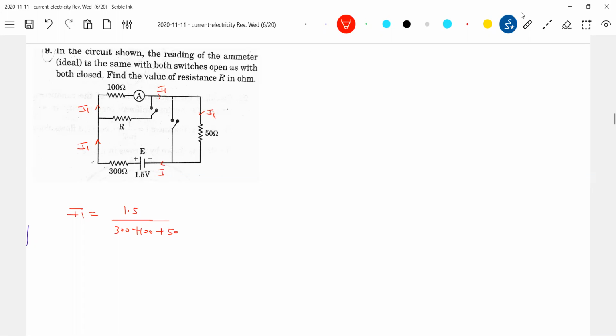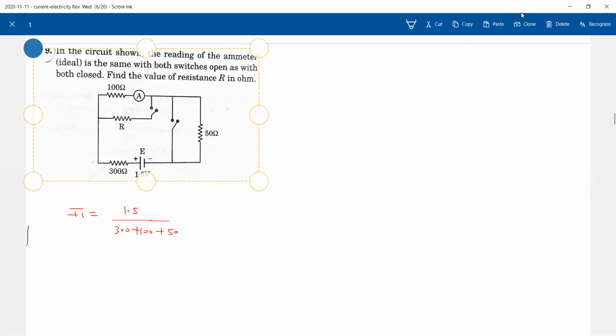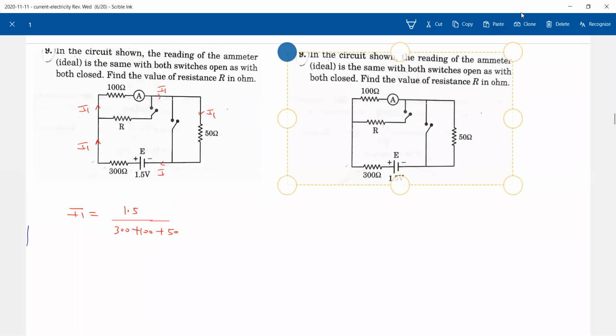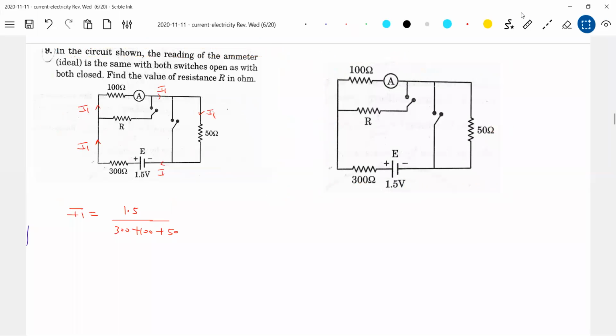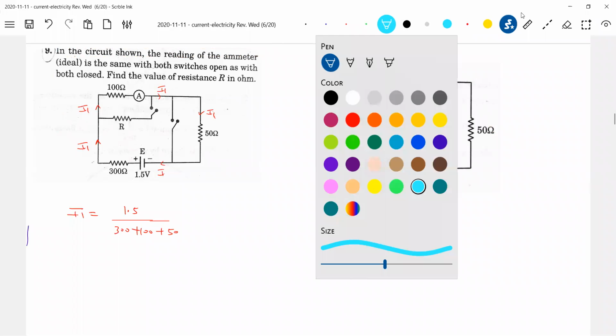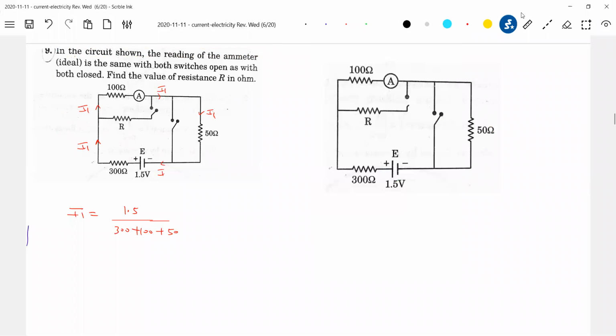Now I'm going to close both the switches. The switches are closed, so this will be shorted, no current will flow. And what about that current now?